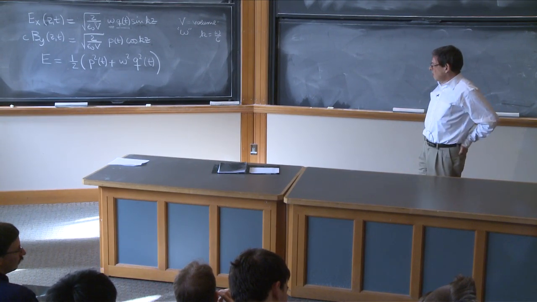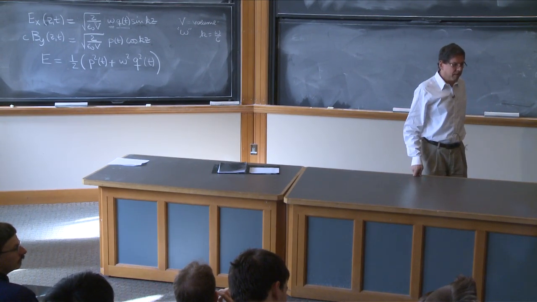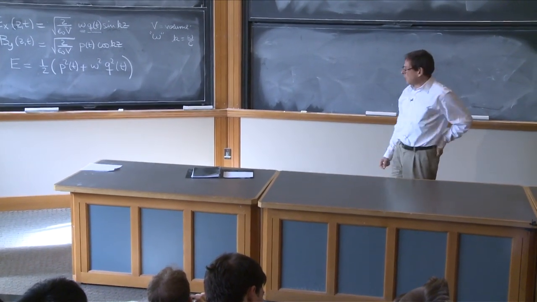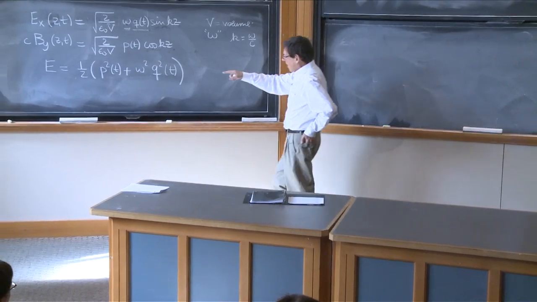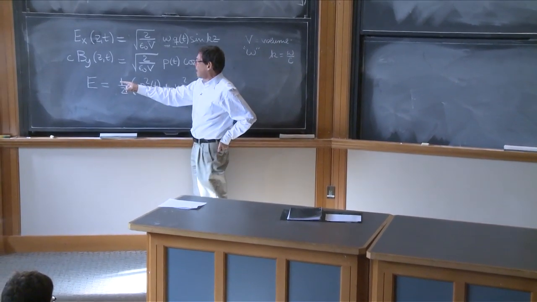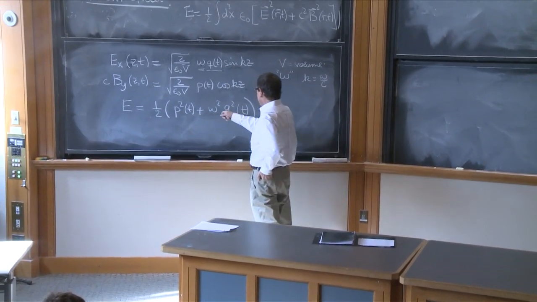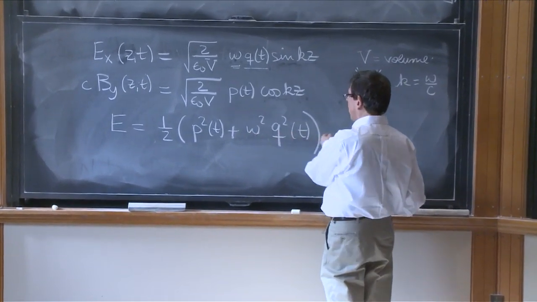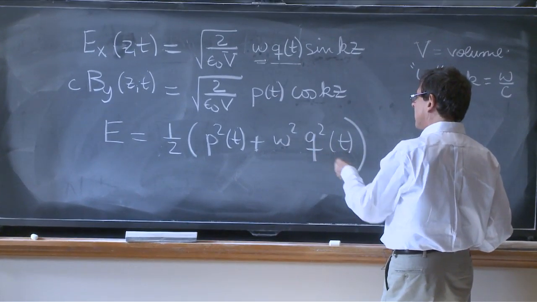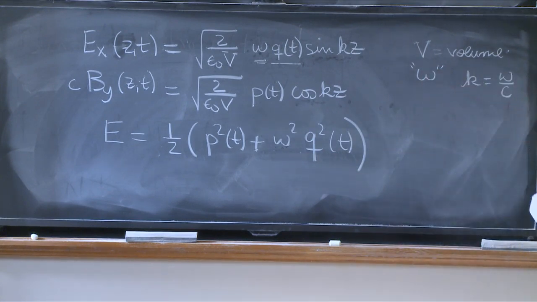So the units are wrong here. P squared over 2m has units of energy, but p squared doesn't have units of energy. And 1/2 m omega squared q squared has units of energy, but this one doesn't. So the units are a little off for a harmonic oscillator.